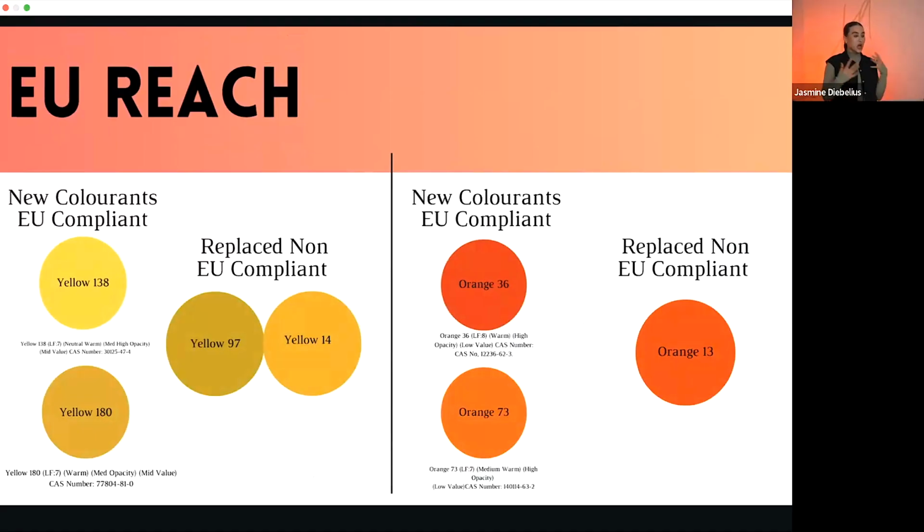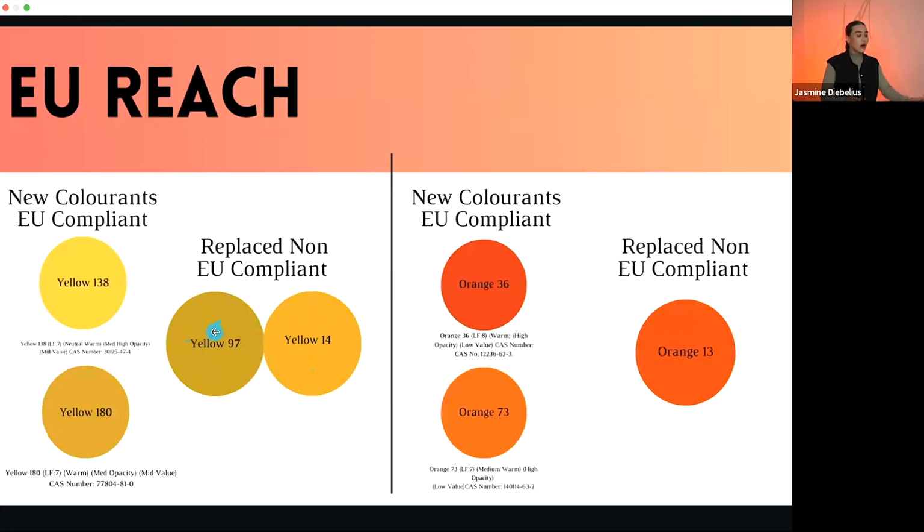I just want to touch on some of the colorants that have been taken out. For example, let's look at the yellows. We have the replaced non-EU REACH compliant colorants: yellow 14 and yellow 97.